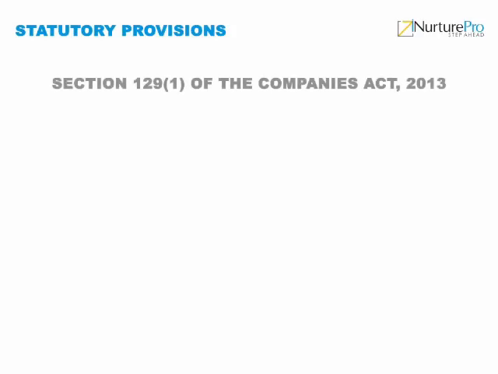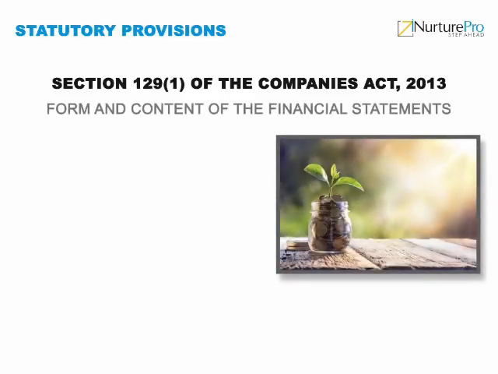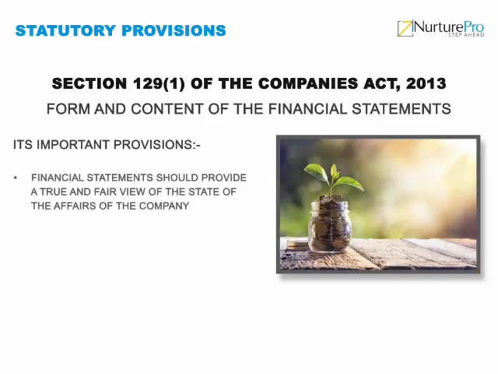Finally, we turn to Section 129 subsection 1 of the Companies Act 2013. This section deals with the form and content of the financial statements of a company. Its important provisions of this are: number 1. Financial statements should provide a true and fair view of the state of the affairs of the company.